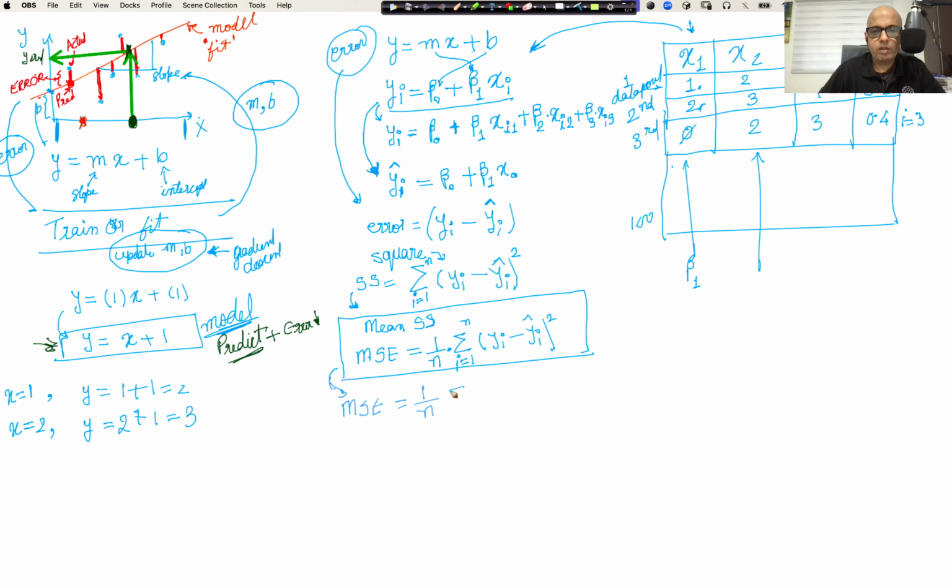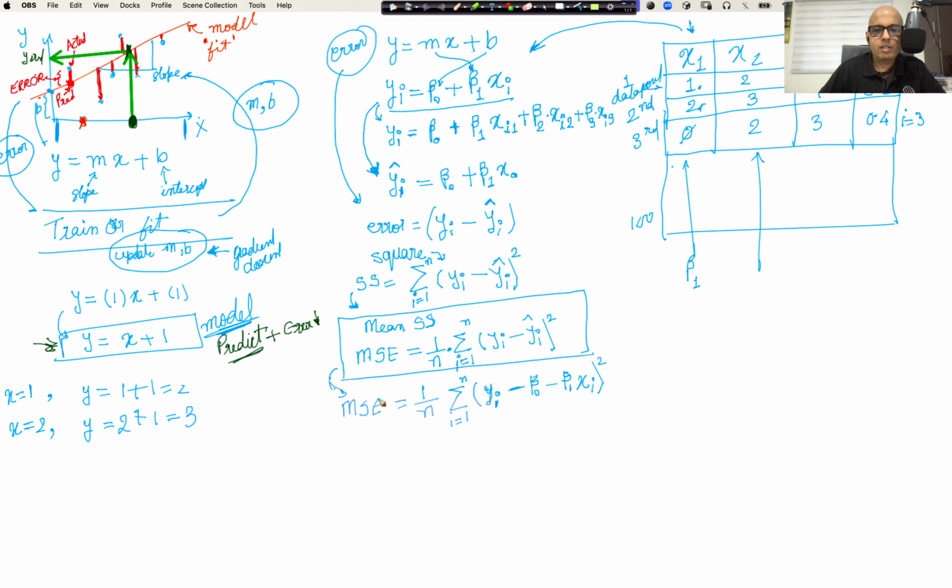Then the summation of i equal to 1 to n, and then we have yi minus, we substitute the equation that we have above, so this is going to be beta 0 minus beta 1 xi, and this is again the same square term outside.